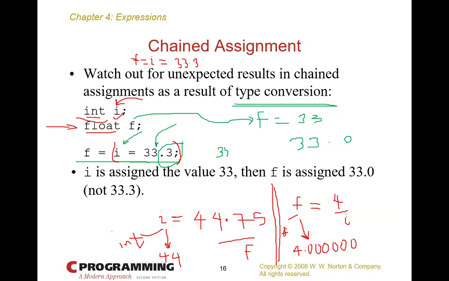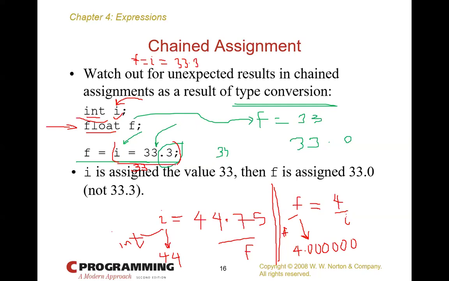And this part is I is equal to 33.3. If you look at the same example that we have here, what is the result? It is 44 instead of 44.75. So because of that, we know that the result of I is equal to 33.3 is 33. This is the answer for this expression.